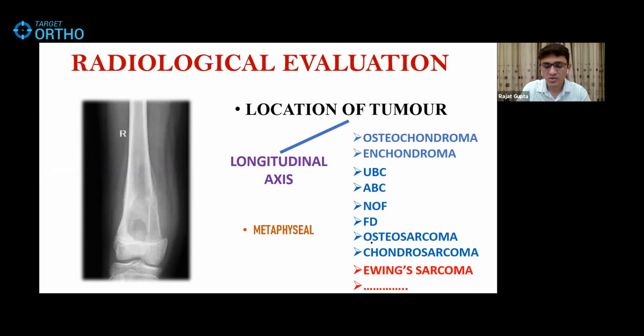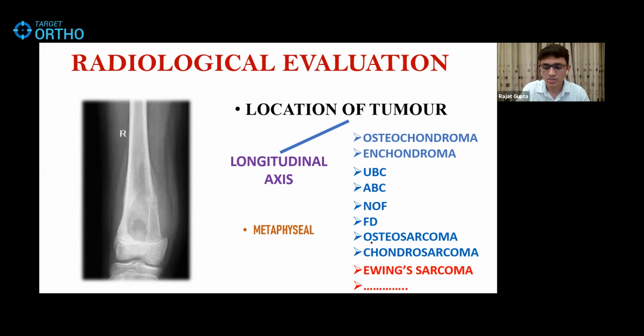Many of us tend to think that Ewing sarcoma is diaphyseal. Ewing sarcoma is diaphyseal in 50% of the patients. That means Ewing sarcoma is metaphyseal in the other 50%. So whenever we see a metaphyseal tumor in an adolescent, Ewing sarcoma should also be a differential. Similarly, I've seen many students just have a look at a diaphyseal tumor and jump straight to the diagnosis of Ewing sarcoma.